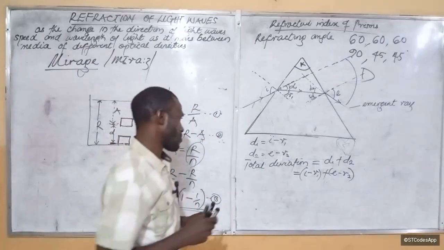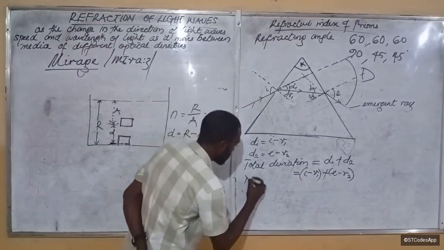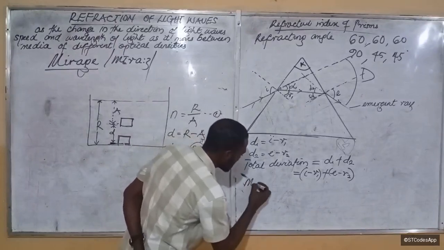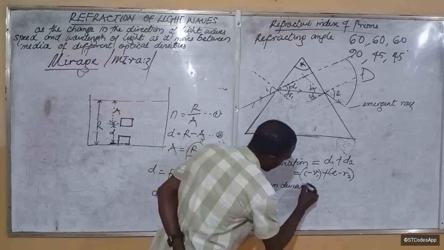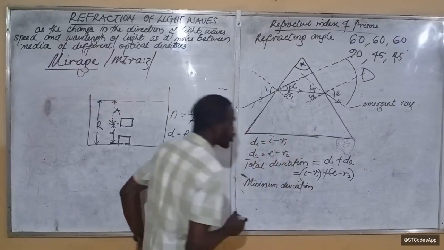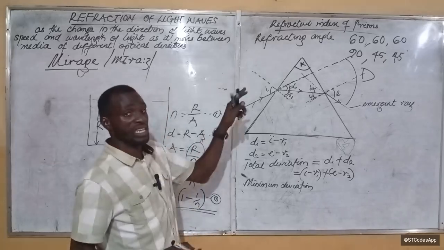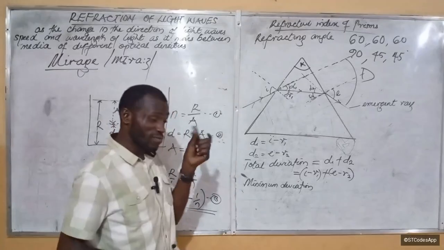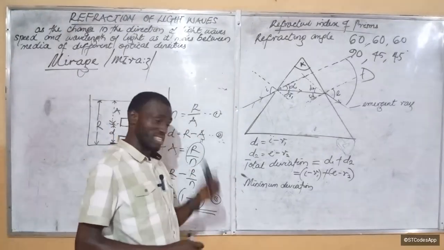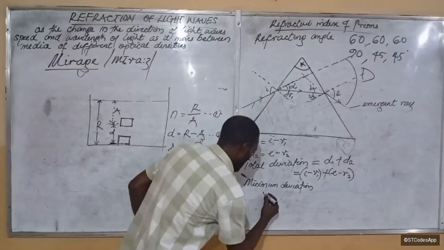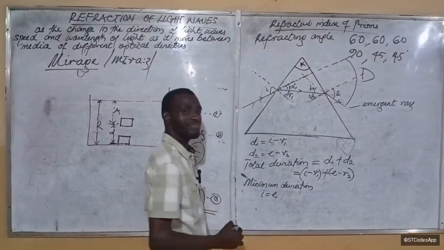But now listen. For minimum deviation to occur, the least deviation, that is the deviation away from the original path of motion, for the light to experience minimum deviation, that is the smallest deviation, it means that the angle of incidence I must be equal to the angle of emergence.